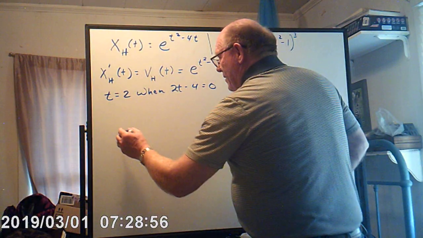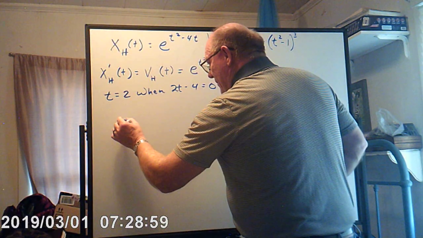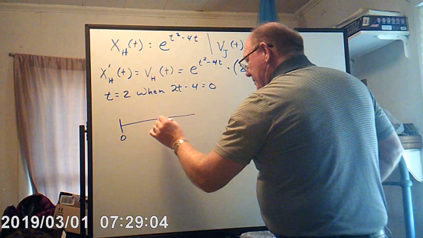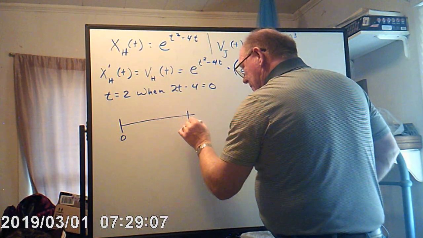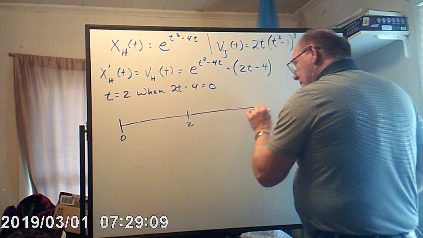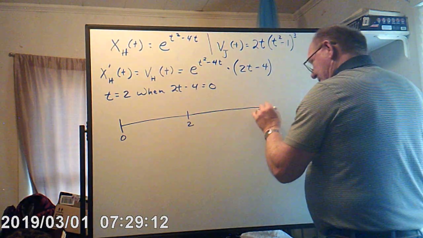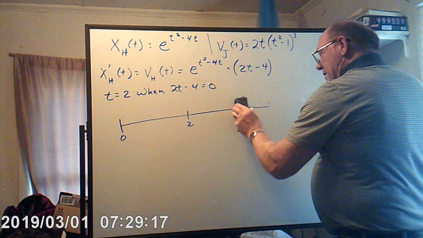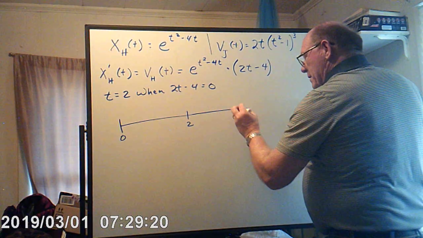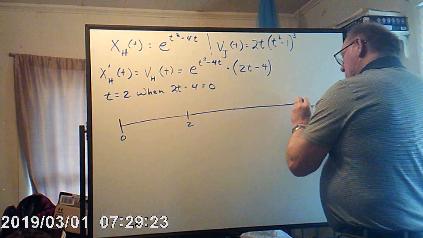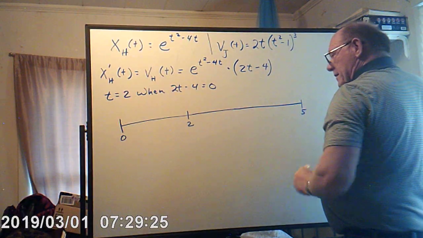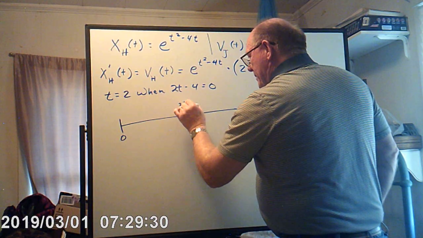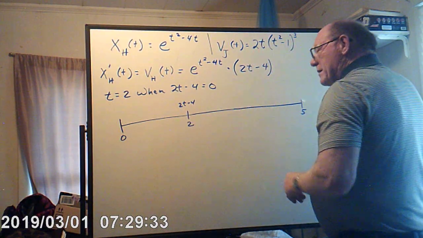So what we're going to do is have something for h. Here's 0. Here's 2. And we're going to go all the way to 5. So, alright, let's put this up here: 2t minus 4. Now think about it.